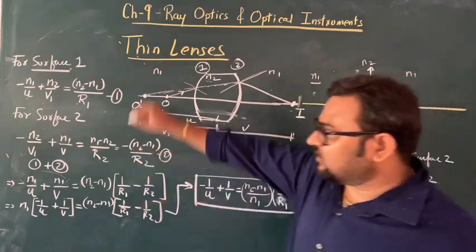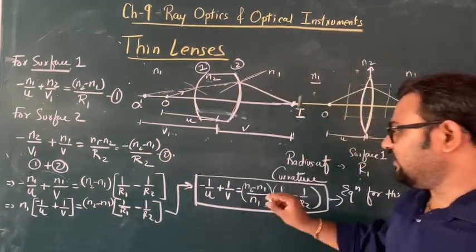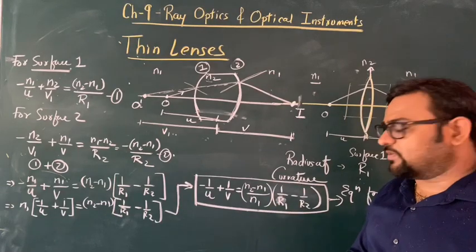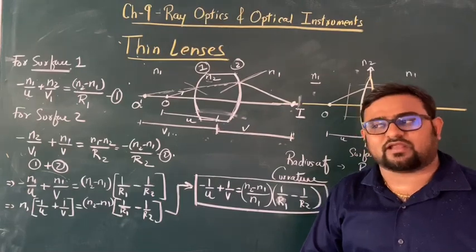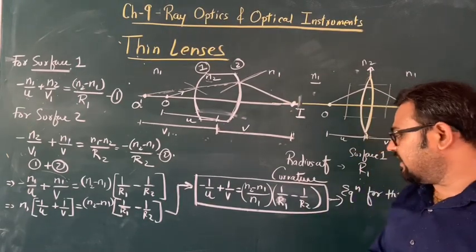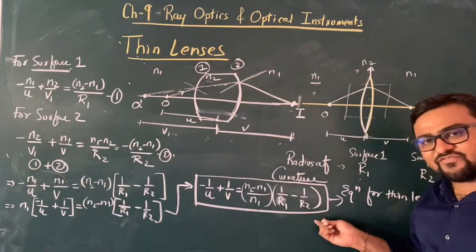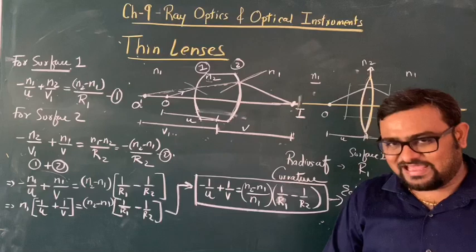Now adding 1 and 2 and solving, finally we get minus 1 by u plus 1 by v equals n2 minus n1 upon n1 into 1 by r1 minus 1 by r2. This is the final equation for a thin lens.